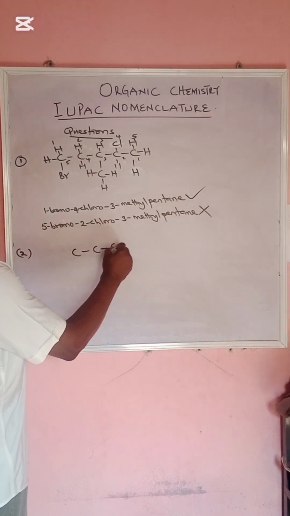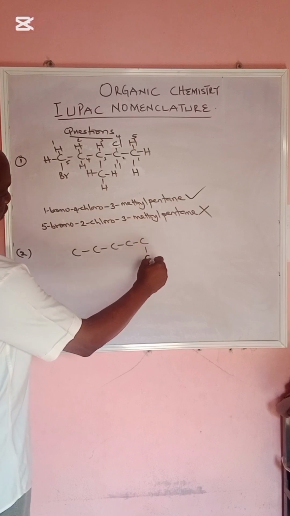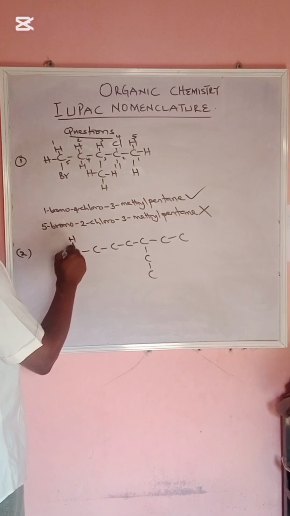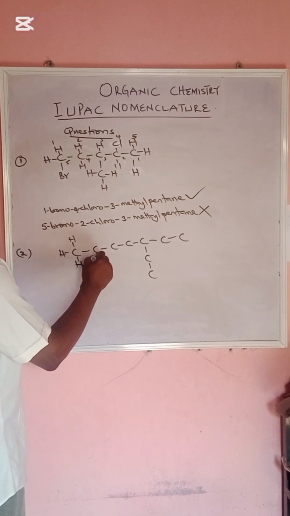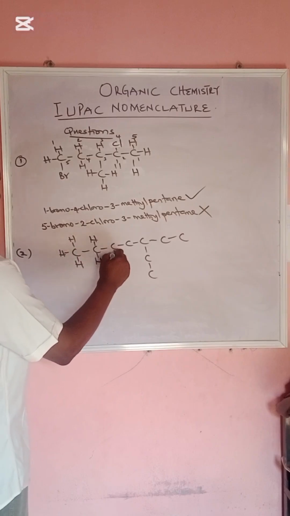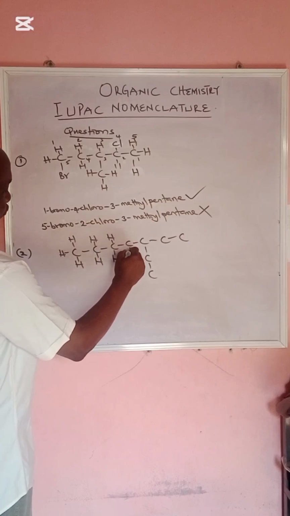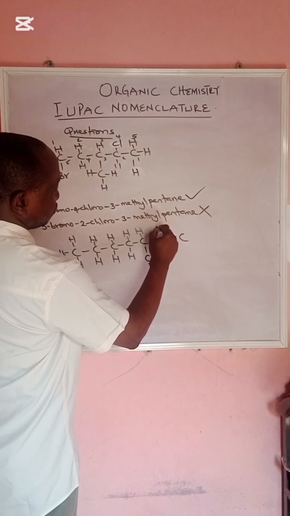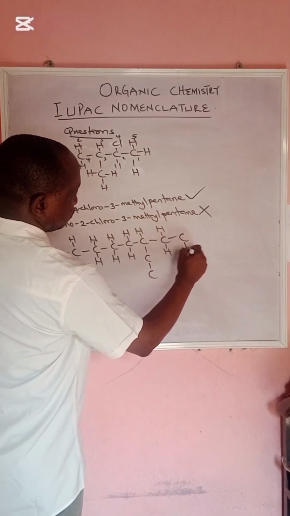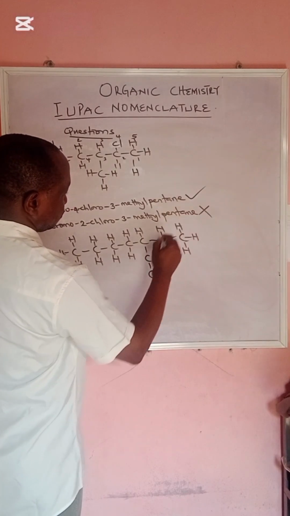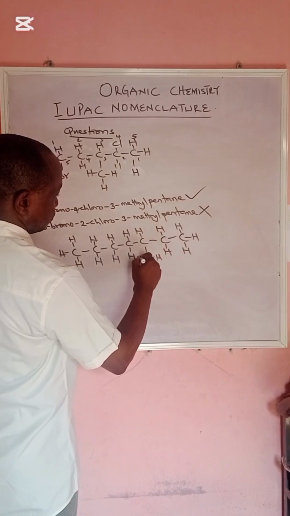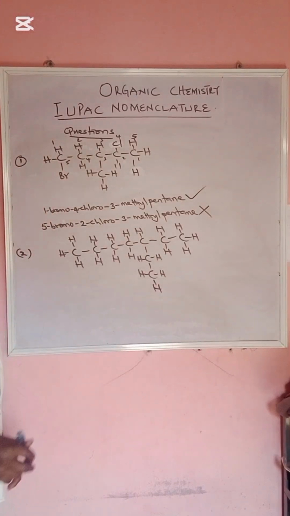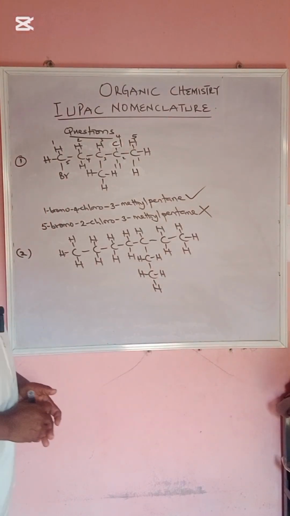Let's see, 1, 2, 3, 4, 5. You have hydrogen here, hydrogen here, and so on. So let me count from left to right.